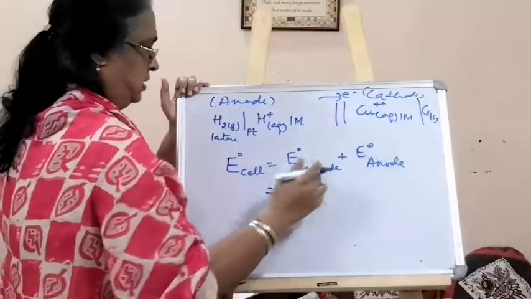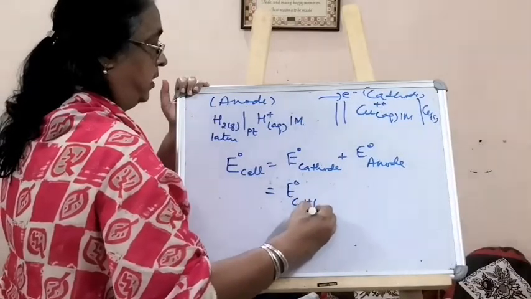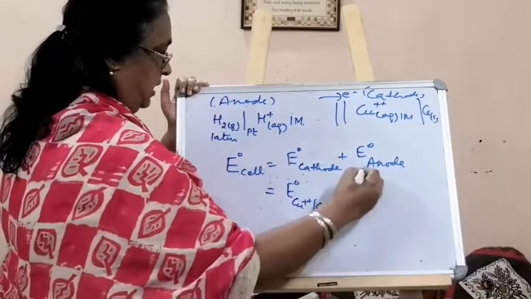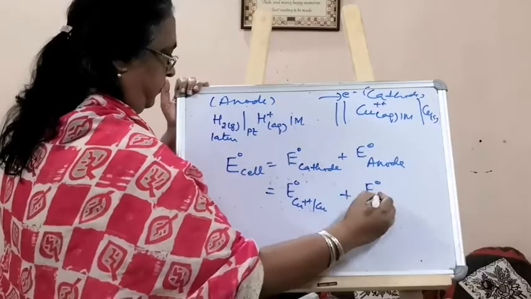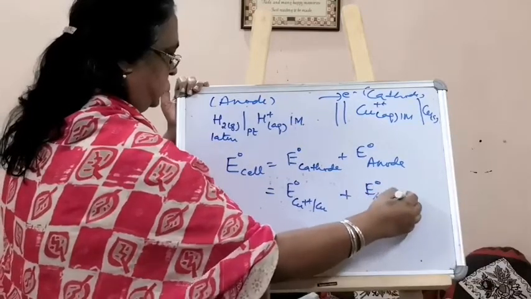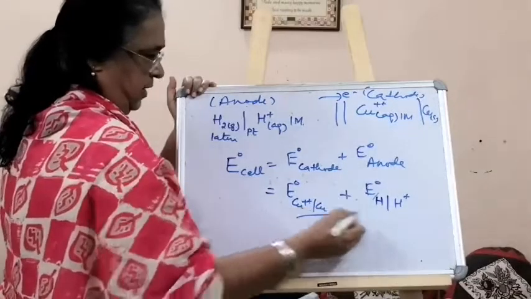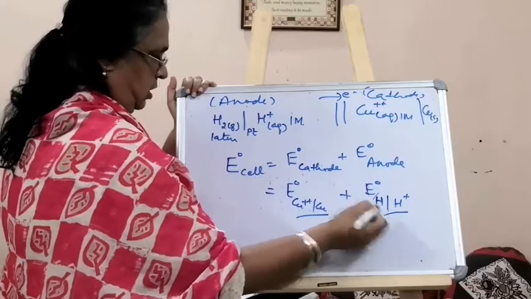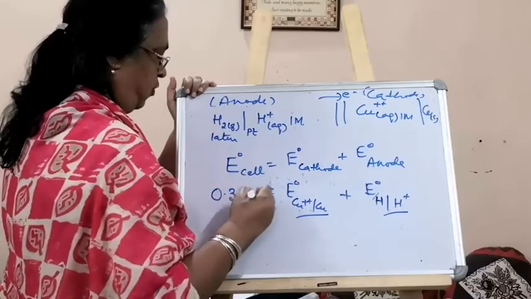E0 cathode, this is a reduction, that is copper ion over copper, and E0 anode is our oxidation. So this is your reduction and this is oxidation, and the reading is found to be 0.34 volt.